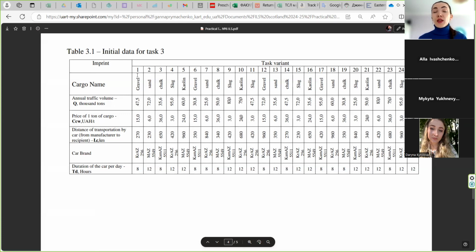For example, the first variant has the car brand Kras 250H. The second variant has the car brand Maz 5549. Please write the car brand on your list somewhere, or determine it. Okay, I think you have found your car brands.